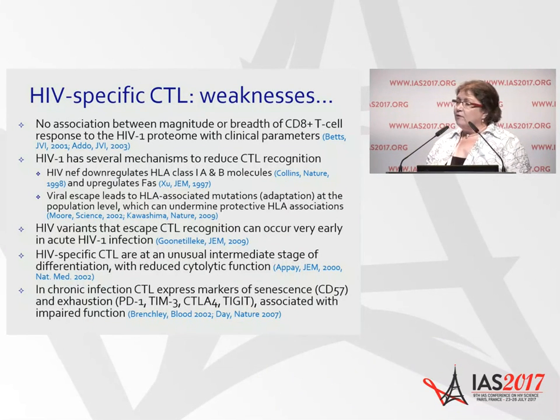And virus escape appeared to be happening on a large scale, shown to happen within weeks of primary infection, and leading to population-level changes in the virus, which in a seminal paper was shown to undermine the protective HLA associations of B51 and good outcome with HIV in Japan over a period of time.